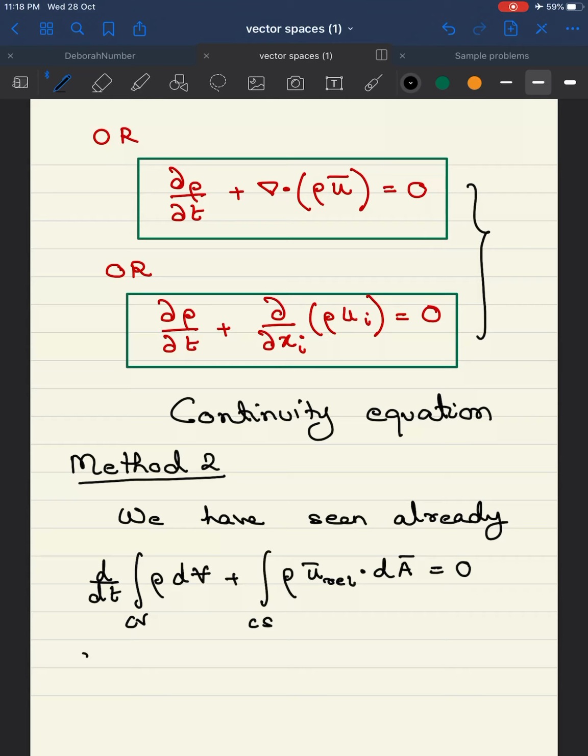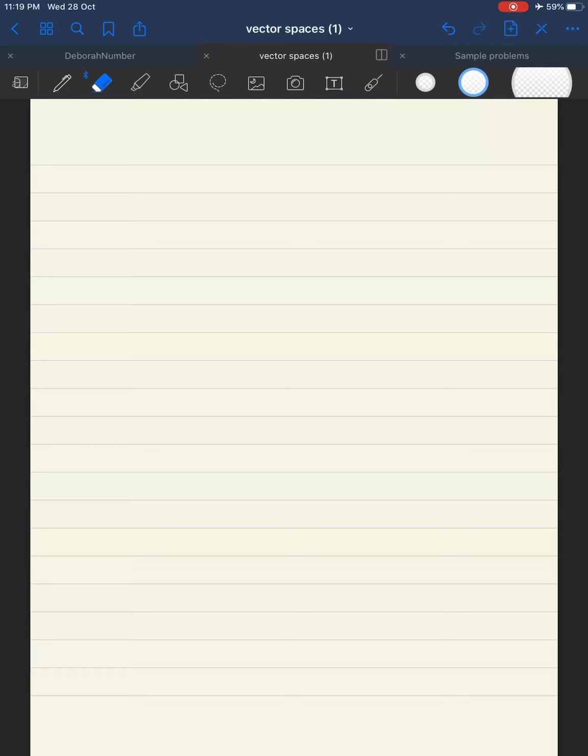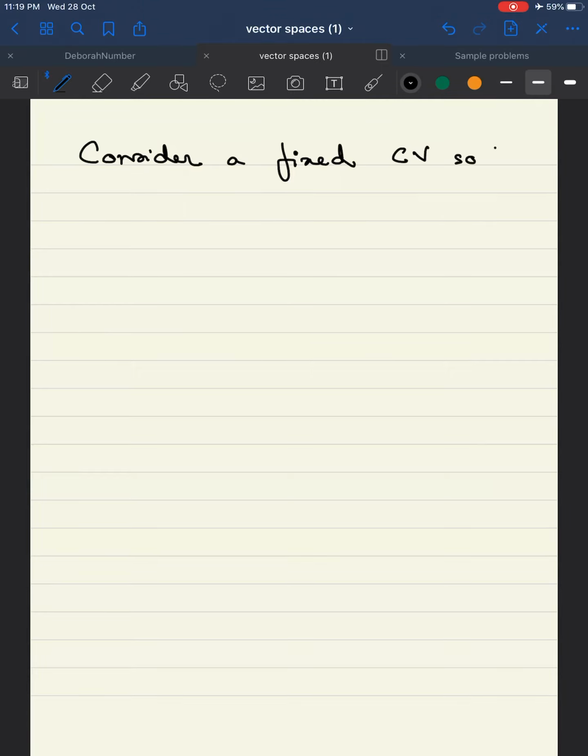Okay, so now consider, I'll just move to the next page, otherwise I'm going to run out of space here. So now consider a fixed control volume, so that ddt of the CV term, if the control volume is fixed, it doesn't matter whether the ddt is inside or outside, right?